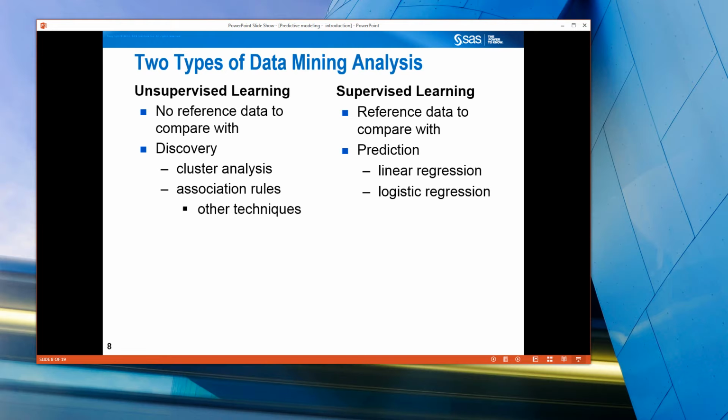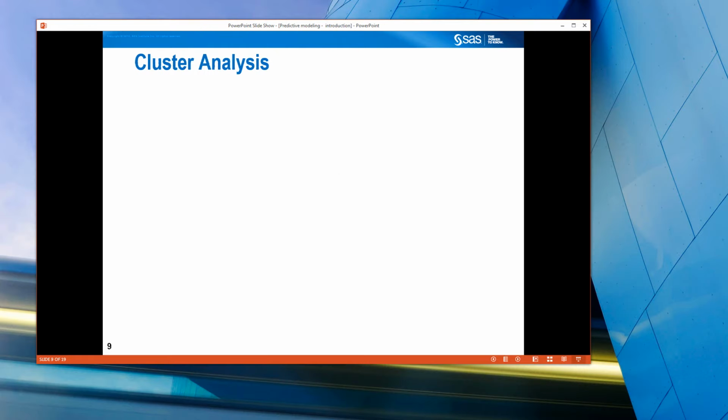There's also another technique called logistic regression, and we'll see what that is. There's also a technique called decision trees, and we'll also see a description of decision trees and how it's done in SAS. And there are other techniques for prediction.